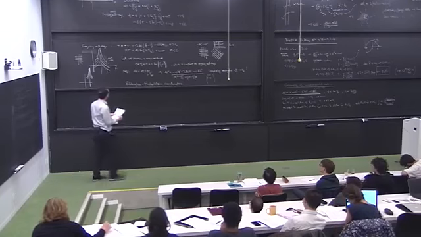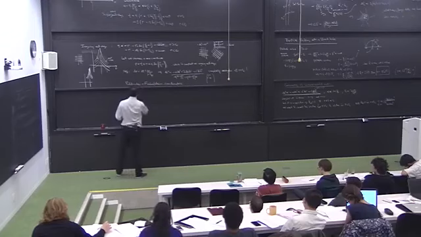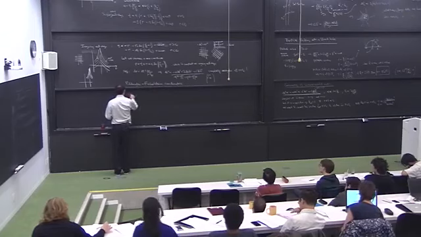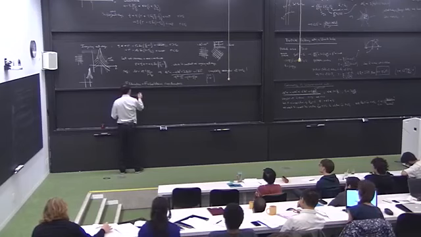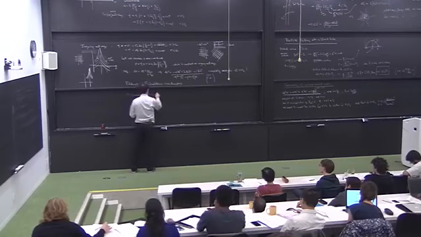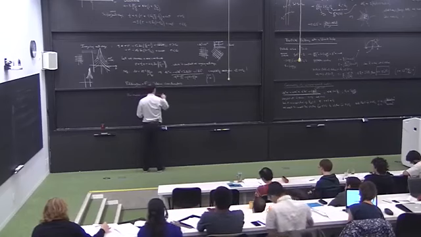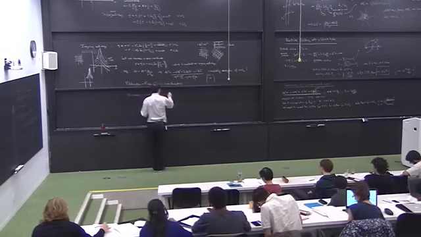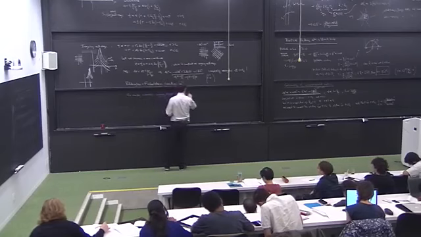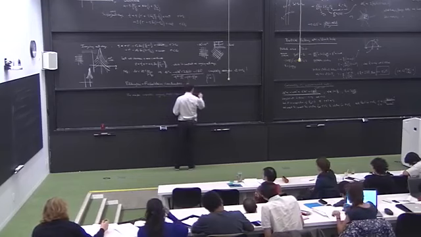Okay. So in Eddington-Finkelstein coordinates, ingoing coordinates, this is how we define them. Light rays satisfy v equals constant.